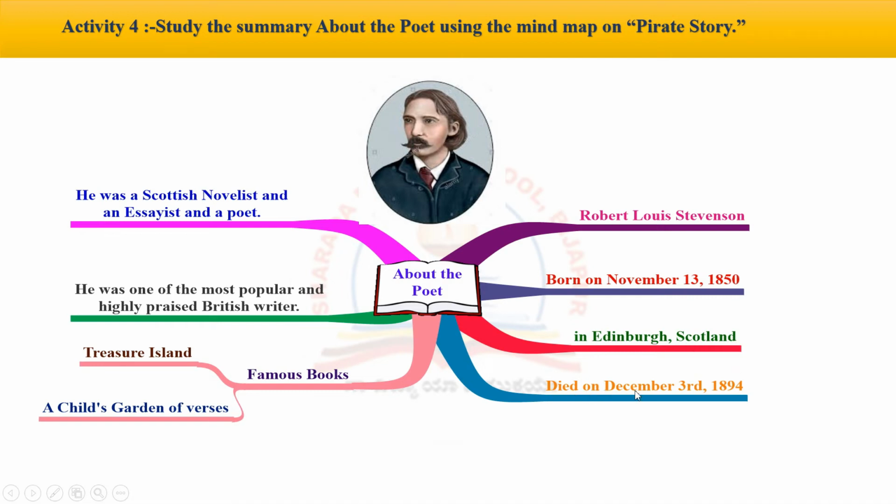He died on December 3, 1894. He was a Scottish novelist, an essayist and a poet. He was one of the most popular and highly praised British writers. His famous books are Treasure Island and A Child's Garden of Verses.